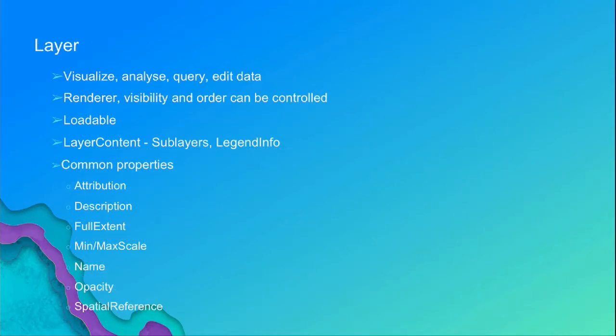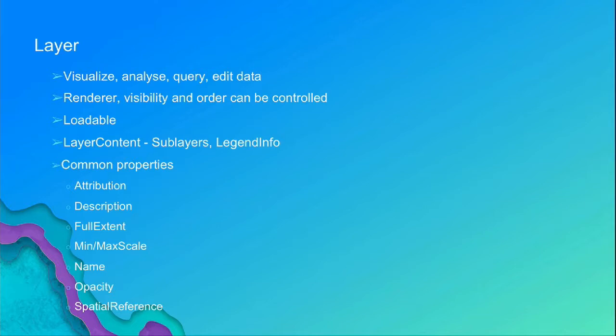And the next key feature is layer. Layers are the building blocks of a map. Layers visualize, query, and edit geographic data. You are also able to change the renderer of the layer or control its visibility and order in the map. You can switch the order of layers in the map through the layer object. And layer also implements the loadable interface, so you can load a layer asynchronously and attach an event listener to the object.